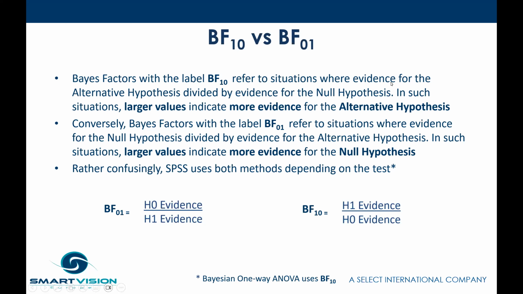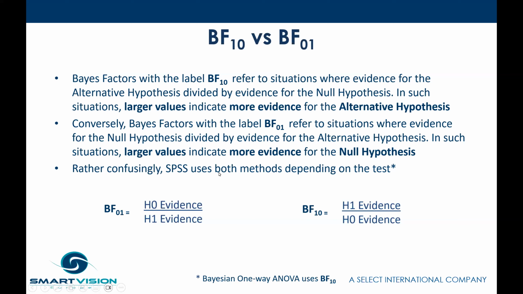So BF10 referred to situations where the evidence for the alternative hypothesis is divided by evidence for the null hypothesis. In such situations, larger values would indicate more evidence for the alternative hypothesis. Conversely, BF01 referred to situations where evidence for the null hypothesis is divided by evidence for the alternative hypothesis. In such situations, larger values indicate more evidence for the null hypothesis.